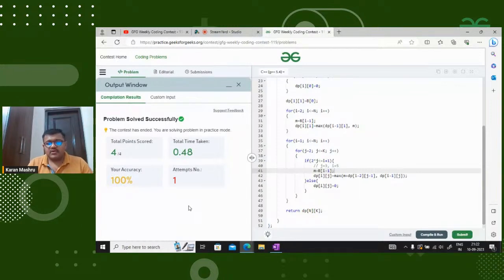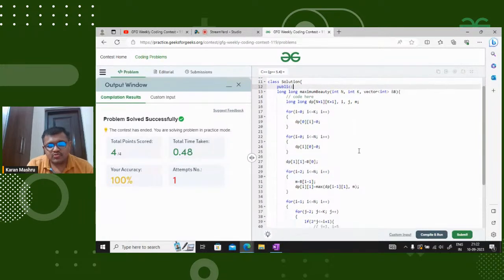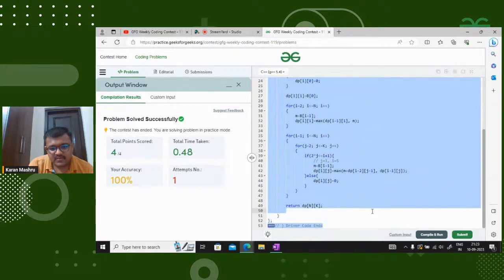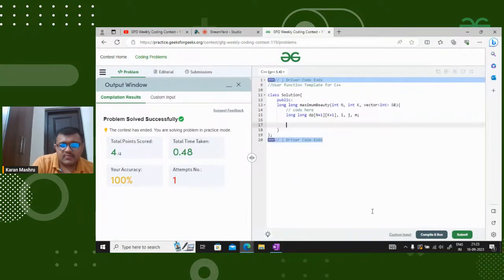Memoize please. Okay, so let us try to solve it by memoization. So first of all, what we can say is, we'll remove all this, right? And we will call the function fill, passing in the dp function.